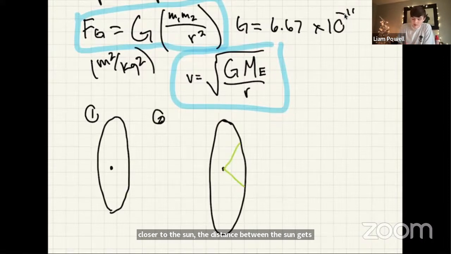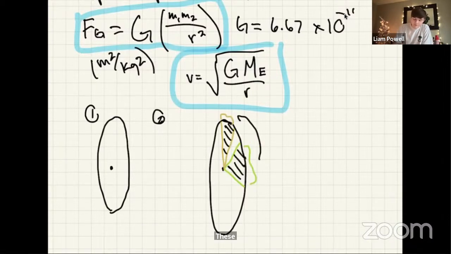When it's farther away from the sun, the distance from the sun is longer, but it will cover less distance on the circumference. So in an equal amount of time, the areas inside will be equal.